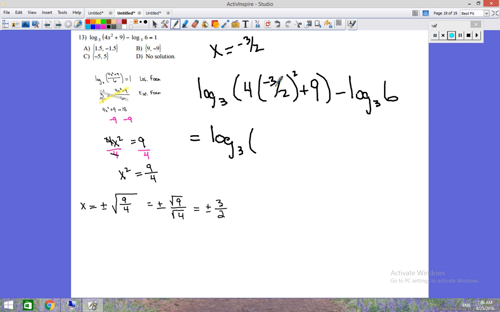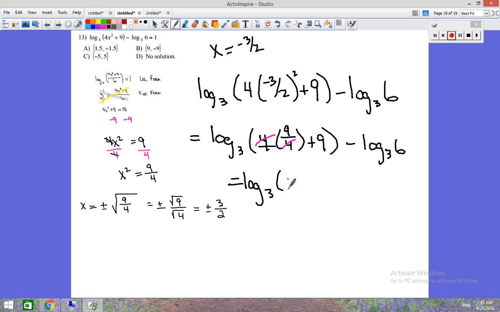When we square this negative 3/2, we get a positive 9/4. The 4 can be written as 4 over 1, and you have times 9 over 4, and 4 divided by 4 is 1, and 9 divided by 1 is 9. Plus 9 plus 9 is 18.